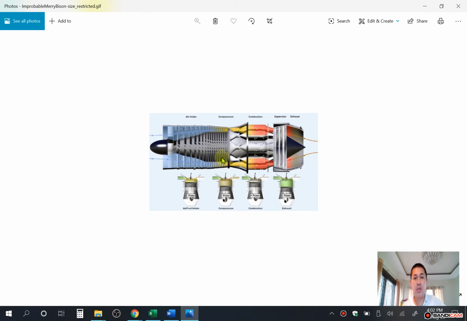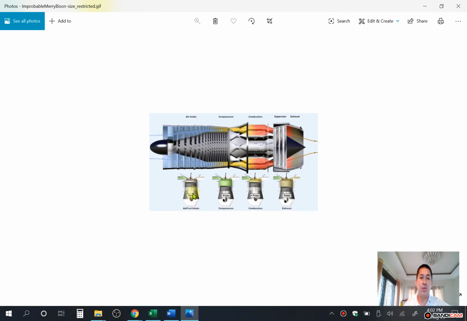So here, this is a turbine engine, and this is the reciprocating engine, internal combustion engine. So here, this is intake, this is also intake. This is the comparison of the turbine engine and reciprocating engine, internal combustion engine.